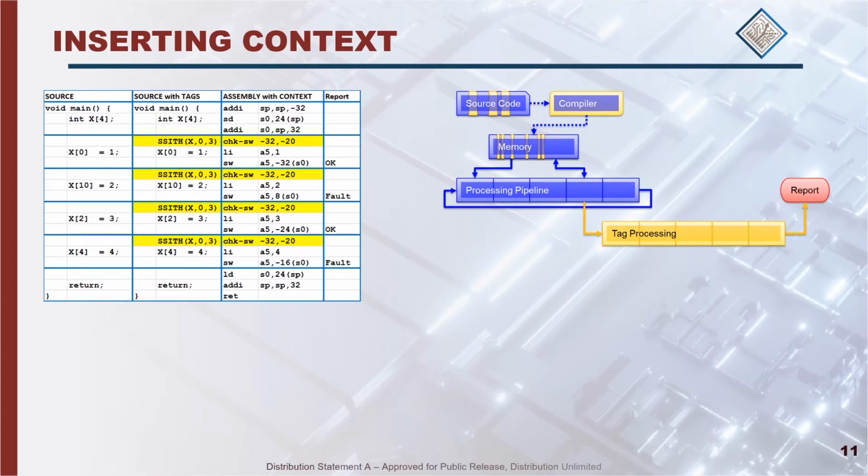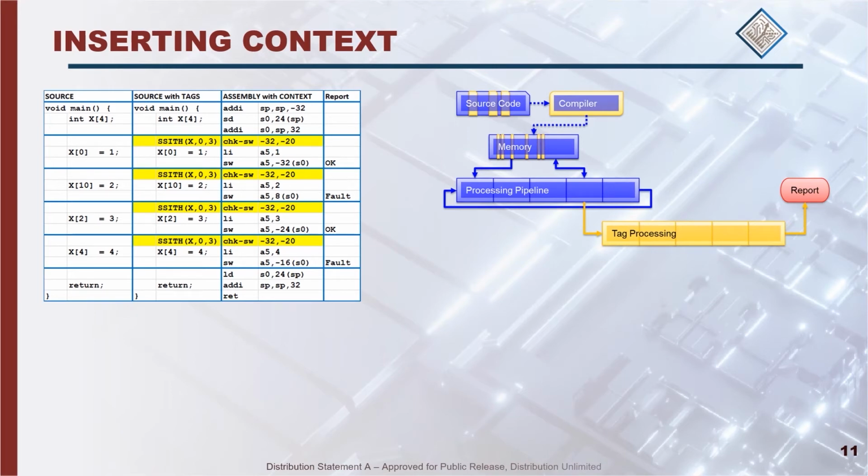The compiler will take those metadata instructions and turn them into something that can be interpreted by the hardware. And then that hardware is going to actually make the decision as to whether storing that value into memory is going to be okay or not. Now on the right, you can see how that would be implemented in an actual system.